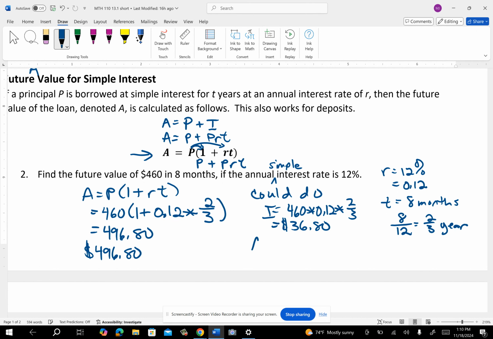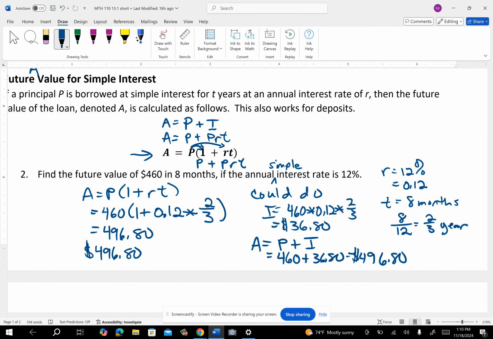Then I could come back and say, so the total amount I'd have to repay, or the total amount, the future value, would be that principal plus that $36.80, and I'd come up with the same answer, $496.80.